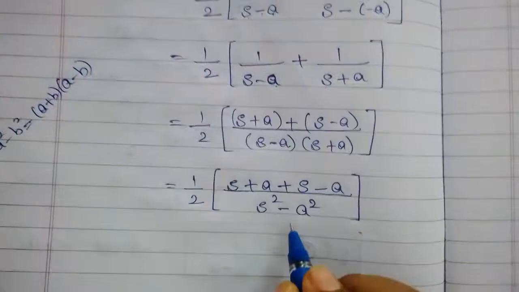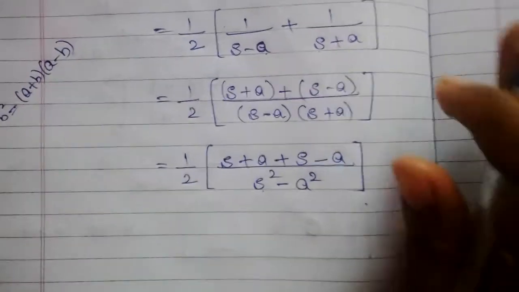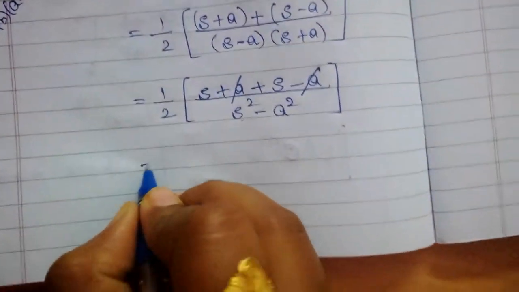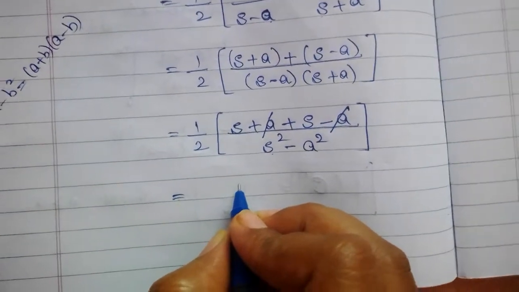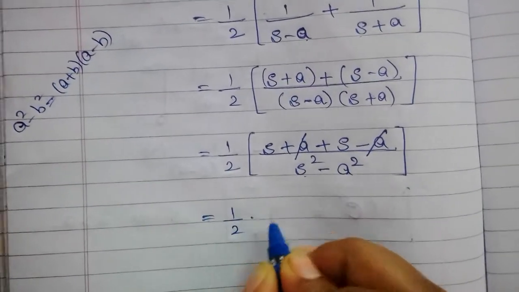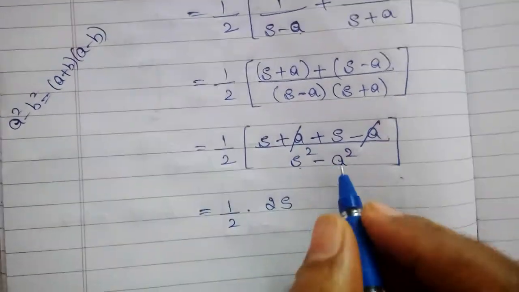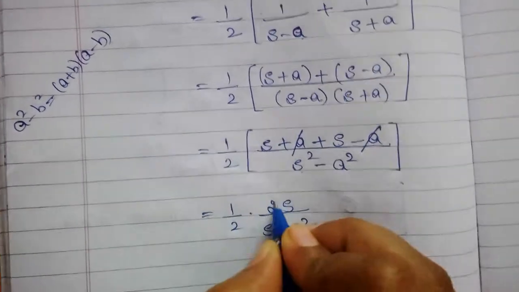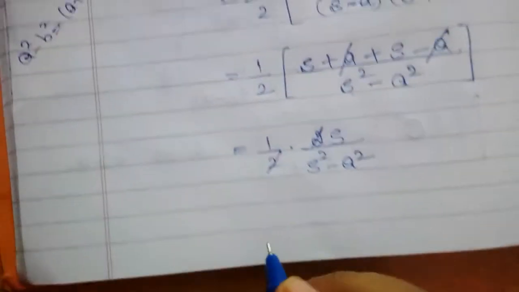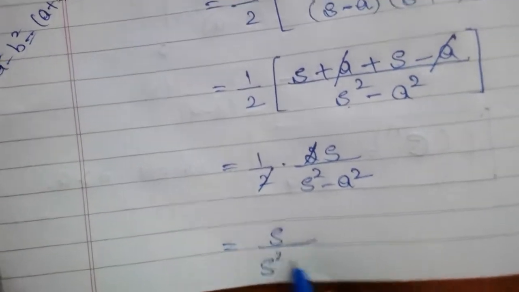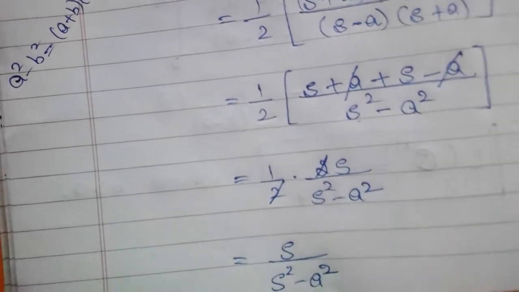Using this result, we get s square minus a square, and plus a minus a get cancelled. Remaining is 1 by 2 into 2s, here s plus s, 2s divided by s square minus a square. The 2 gets cancelled. Remaining is s divided by s square minus a square.